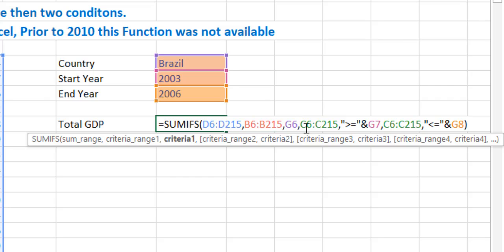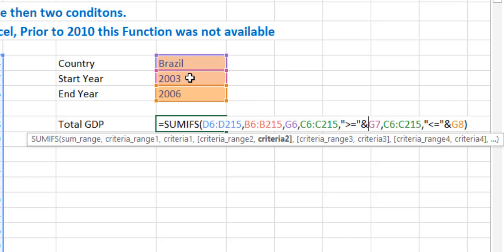And the next range, C6 colon C215, comma, if it is greater than or equal to G7.